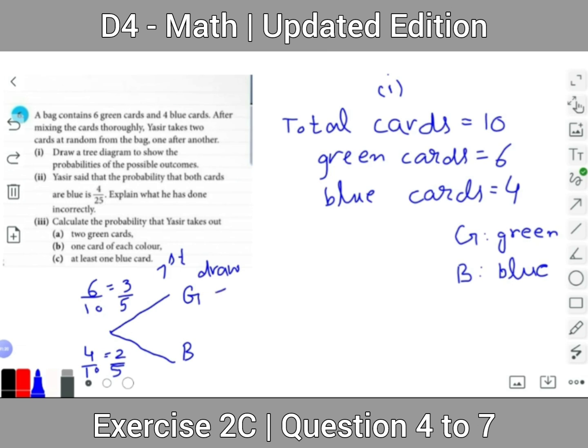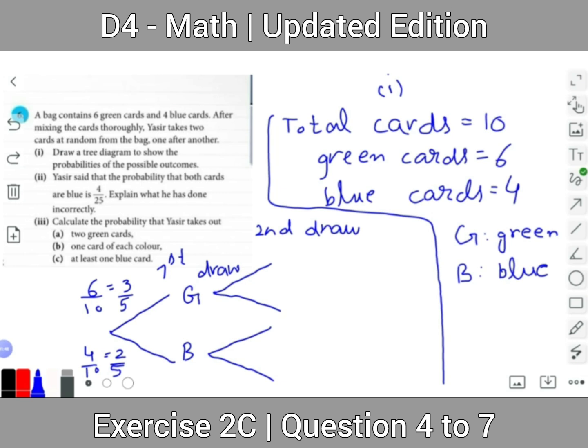Now for the second draw, from green we have 2 possibilities and from blue we have 2 possibilities. For the second draw, we have green and blue, again green and blue. Now we will write down the respective probabilities on the 4 branches.